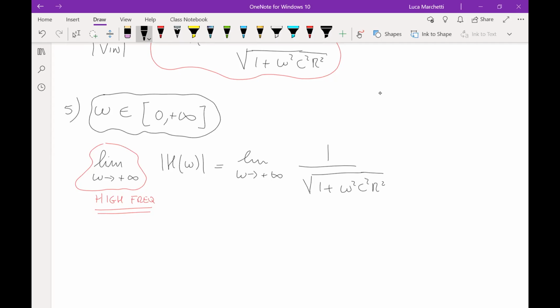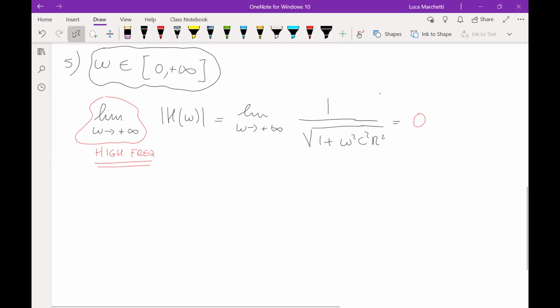Now I think this is pretty easy and pretty trivial for you. If omega goes to infinity, the denominator of this formula goes to infinity and the ratio goes to 0. So the result is 0. This means that for the plot of our frequency response, we expect that for very high frequency it will drop to 0.